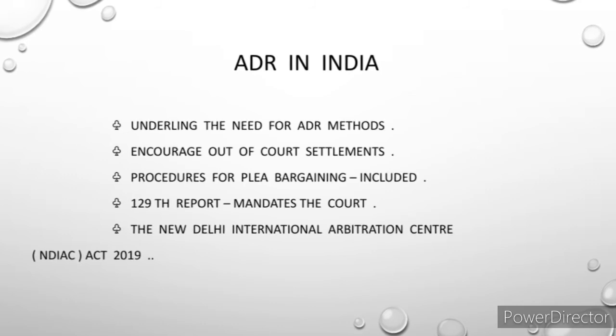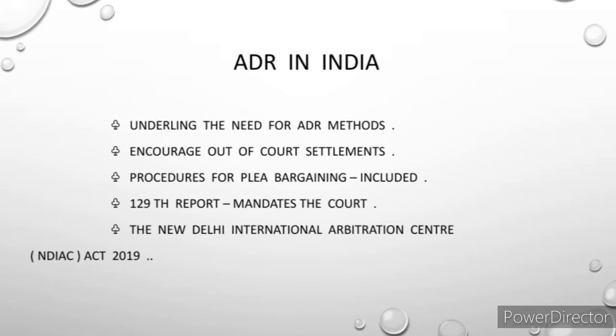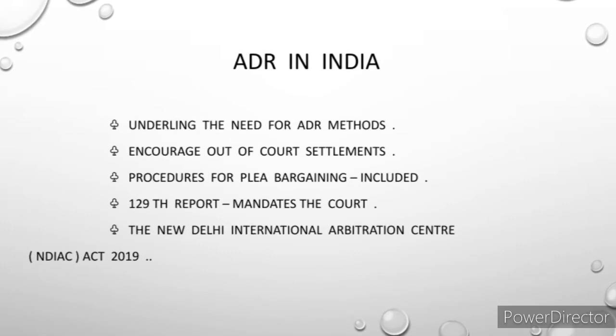And in 2015, the Arbitration and Conciliation Amendment Act was enacted to improve arbitration in India, and the Law Commission in its 129th report and the Malimath Committee recommended making it mandatory for the courts to refer disputes for resolution through alternate means rather than litigation.